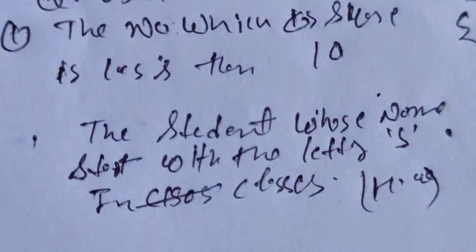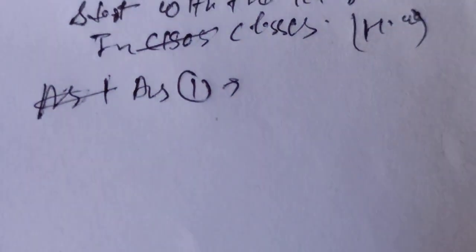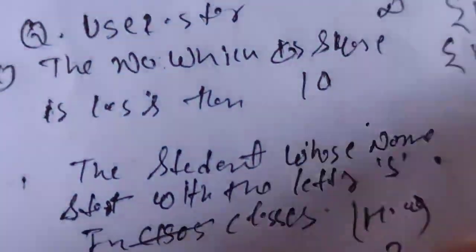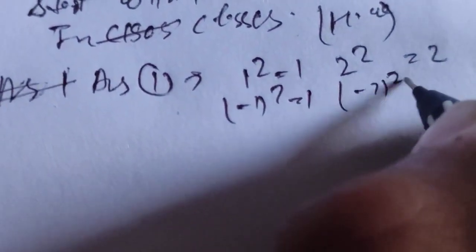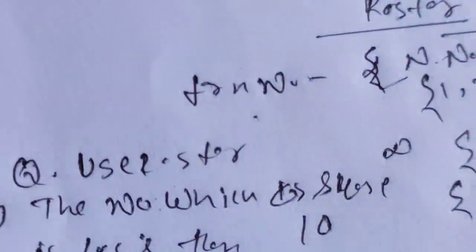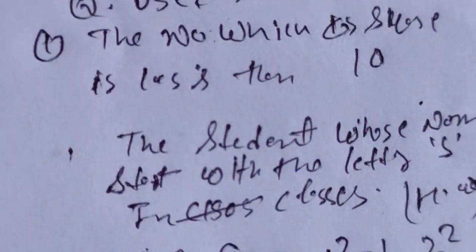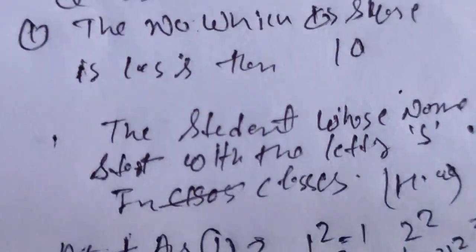Now this is a very famous question. Answer one: the question is to write the numbers whose square is less than 10 in roster form. We know that 1 squared is 1, 2 squared is 4, and minus 1 squared is 1, minus 2 squared is 4. We use minus because we are not restricting to only positive numbers; negative numbers also have positive squares.